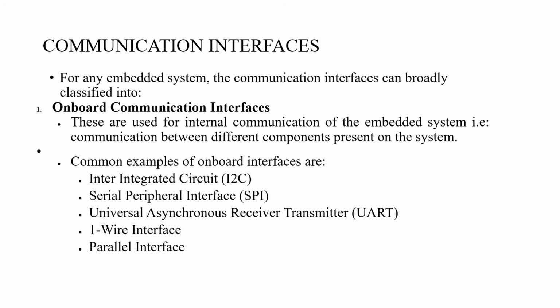These are different types of communication interfaces which are very useful for communication between the input and the output, and also to see that each and every component works efficiently when an application is sent to the embedded system.